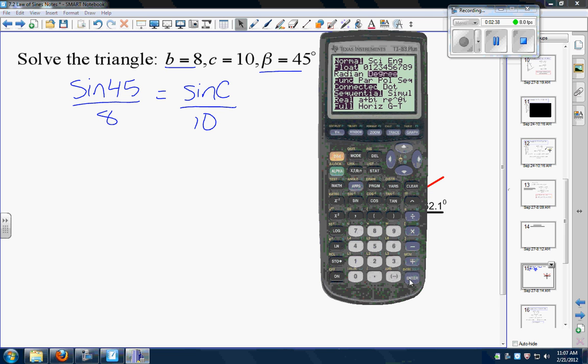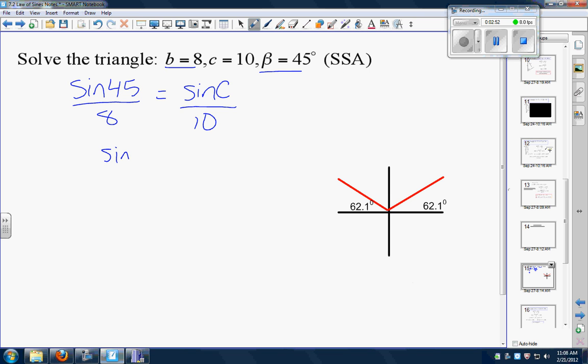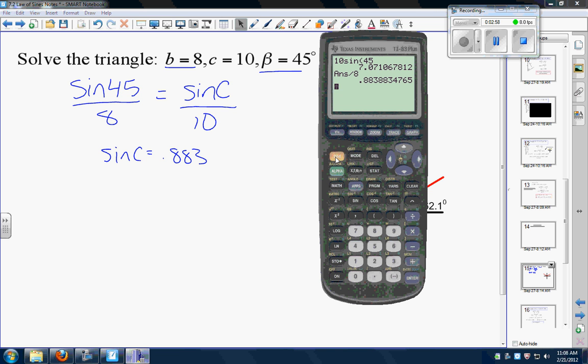Make sure your calculator is in degrees. So I'm going to say 10 over sine C. We know we need to take the inverse, and we get 62.1 degrees.